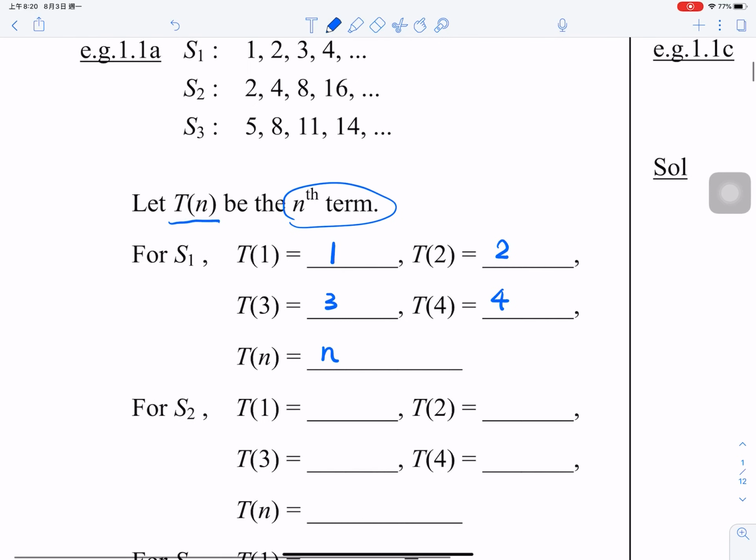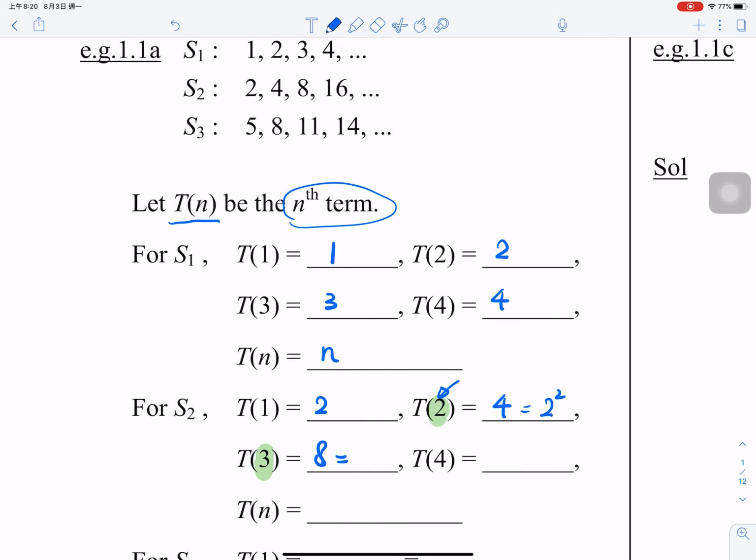How about sequence 2, S2? For S2, the first term is 2. Second term is 4. And you think how to relate it with 2, this value. And you think okay, this one is 2 squared, right? How about T3? We know that the value of term 3 is 8. So T3 equals 8.